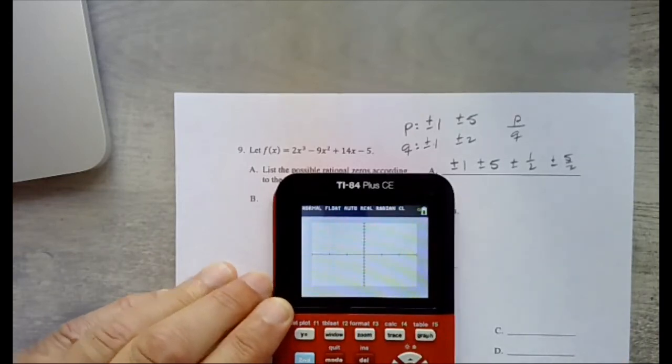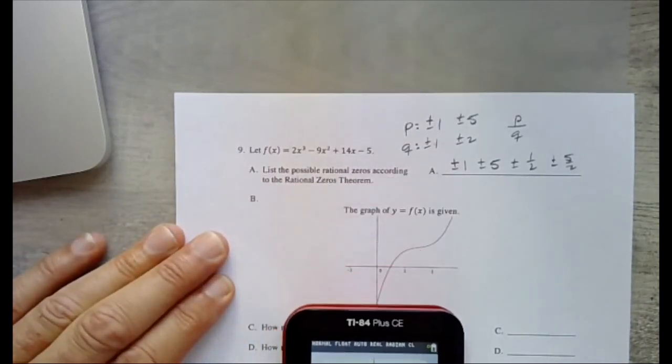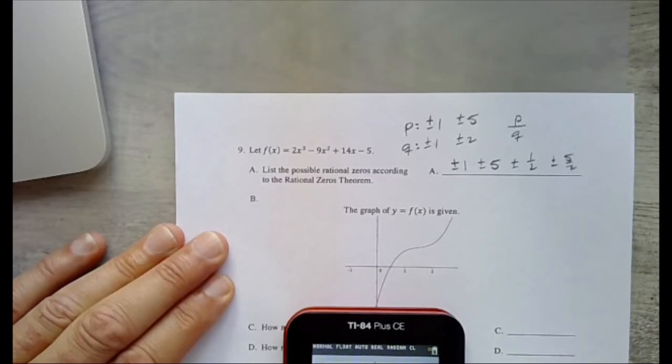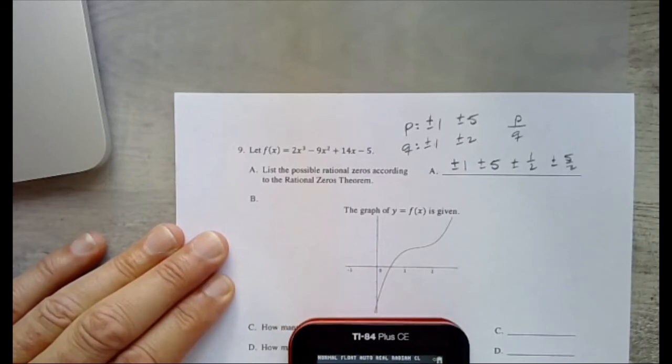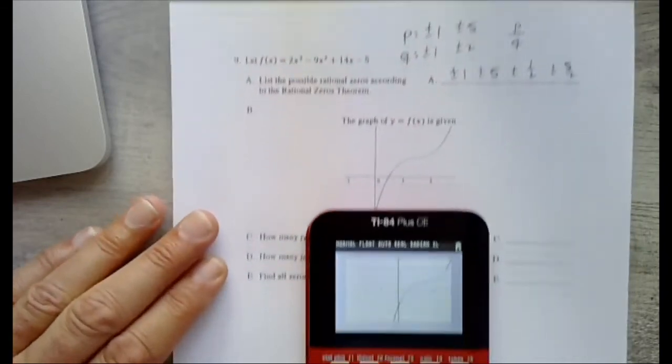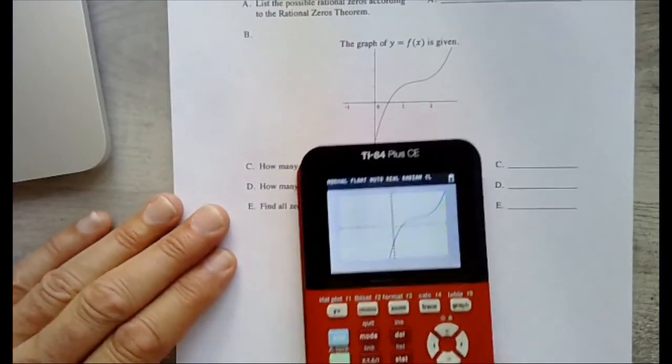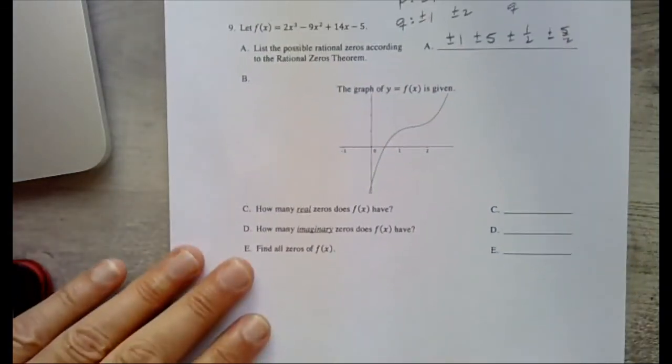Okay, and then let me graph that one. Okay, so it looks like that is the right graph. It looks like the one in the picture. So I'm pretty confident that I did that one right.